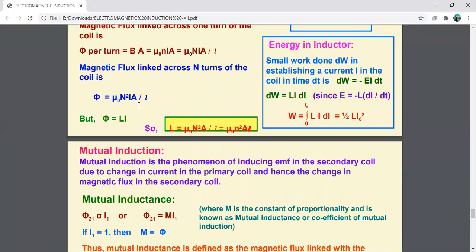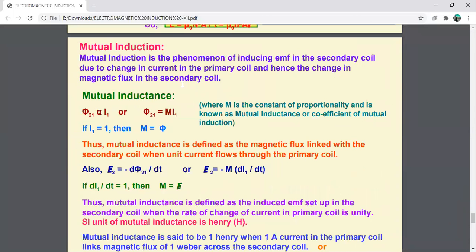Now, in this case, we will take two solenoids. In one solenoid, current is allowed to be varied and the other solenoid is not connected to the power source. Hence, variation in current in one solenoid causes a change in flux in the second solenoid, which is not in actual contact with the first one.